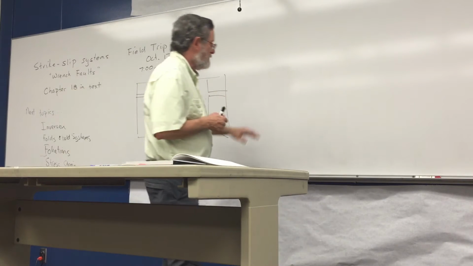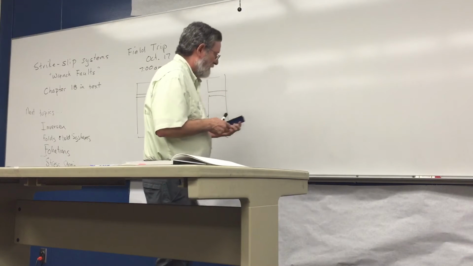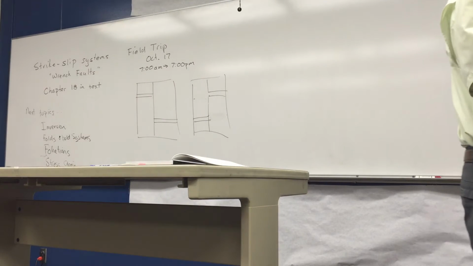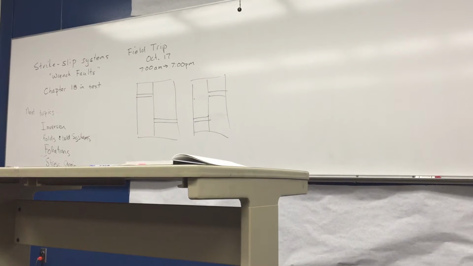And so what we're going to do is talk about a series of diagrams of how these systems might behave and the types of features we can see associated with strike-slip fault systems.